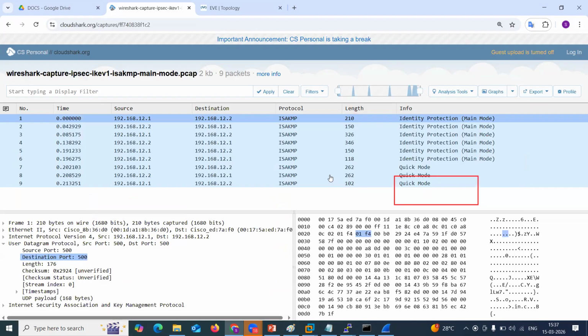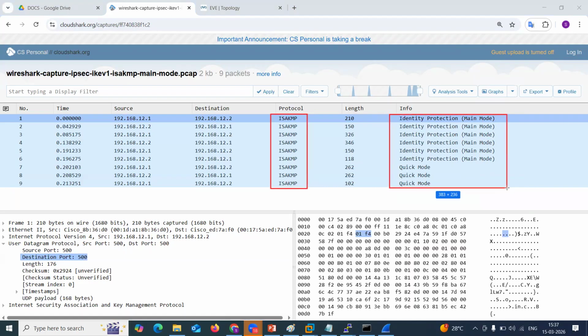Why can't I do that? Because it is designed in a way where every protocol has its own responsibilities. ESP can't take the responsibility of ISAKMP. ISAKMP can't take the responsibility of ESP. That's how it is designed, right? So ISAKMP's responsibility ends with exchanging the messages.